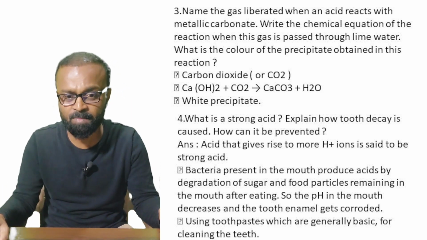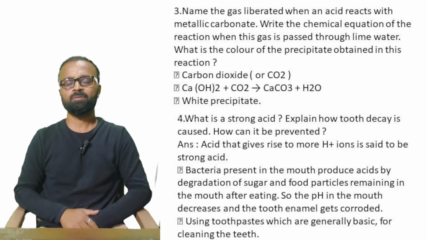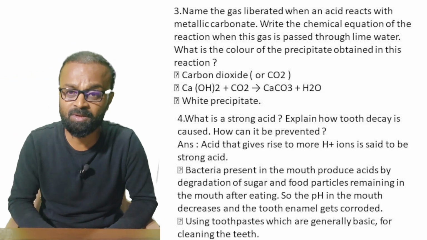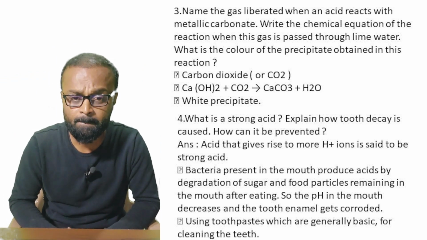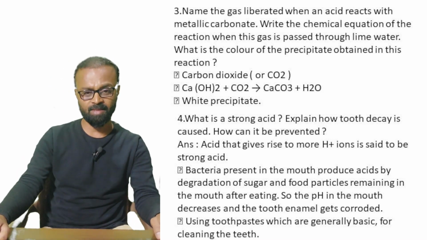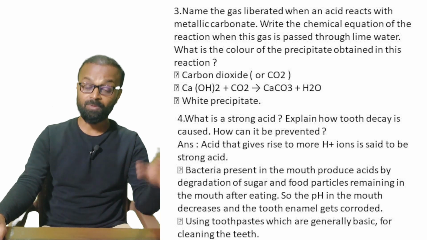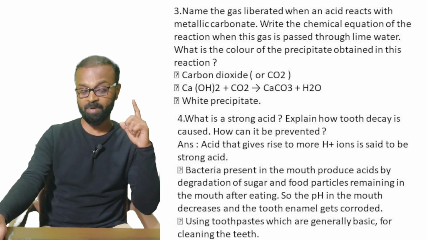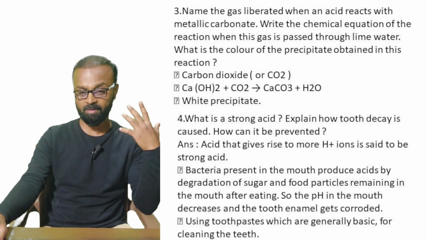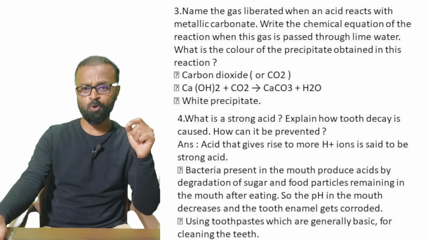And if they ask you to write the chemical equation and the color of the precipitate obtained, calcium carbonate is definitely a white precipitate. Also silver chloride, from the previous chapter, is a white precipitate. Now the next question: what is a strong acid?